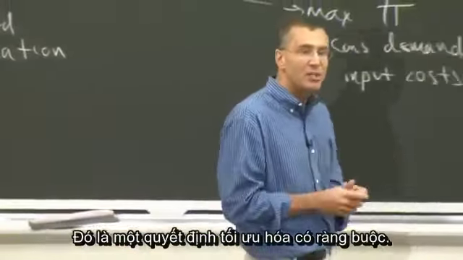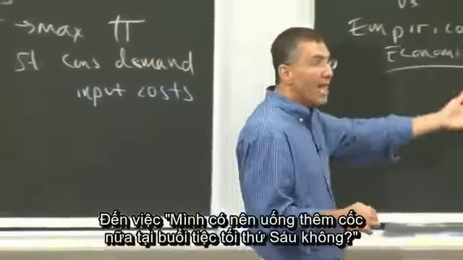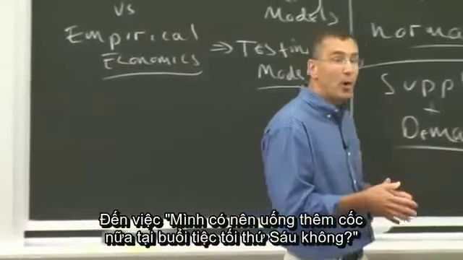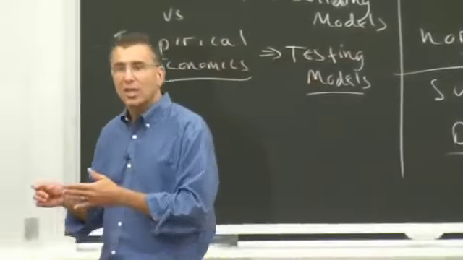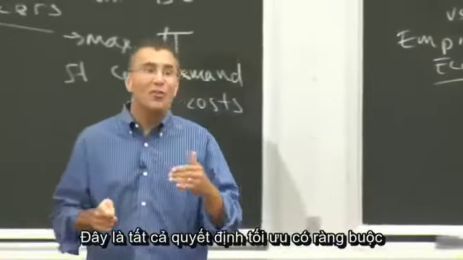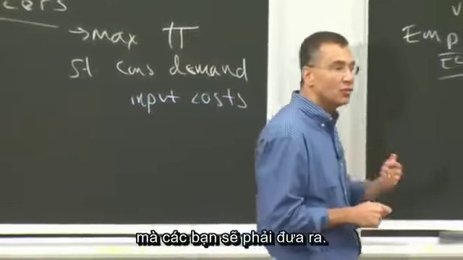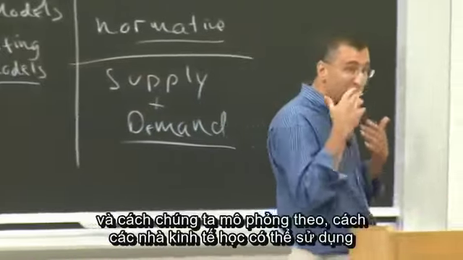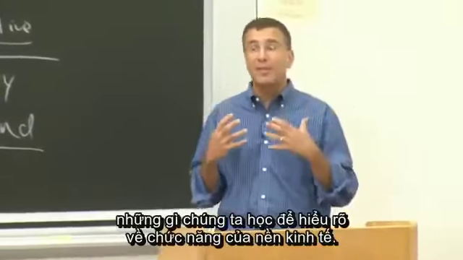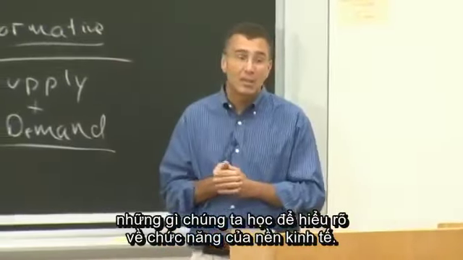That's a constrained optimization decision. To should I have an extra drink at a party Friday night? That could have some pros and cons. Okay? These are all constrained optimization decisions you're going to make. They're going to affect your life. And we'll learn this semester about how you make them and how economists can use what we learn about that to understand the function of the economy.